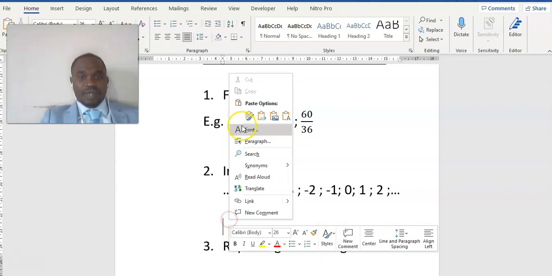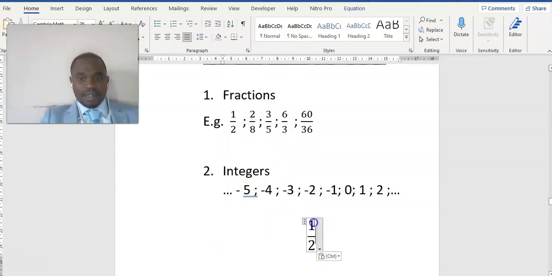Now you have this -5. I can write it as -5 over 1. Is that okay?